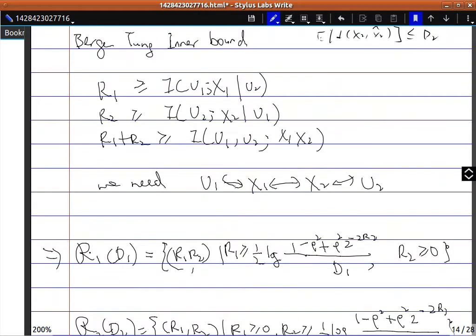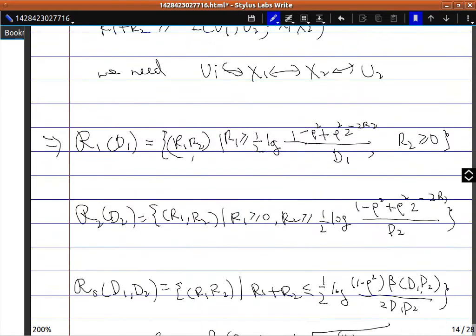If you look at, for example, the first rate region, we have R1 bigger than something like a function of R2 here, but in the Berger-Tung inner bound, this is just a constant. So we'll see why it's so.